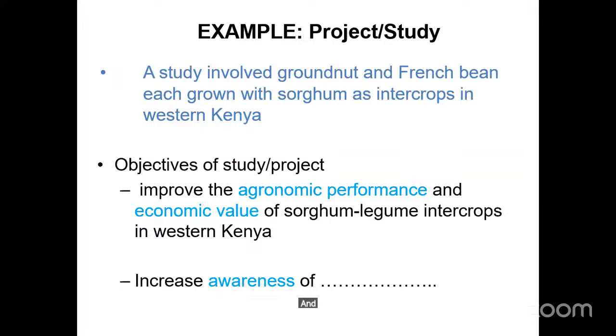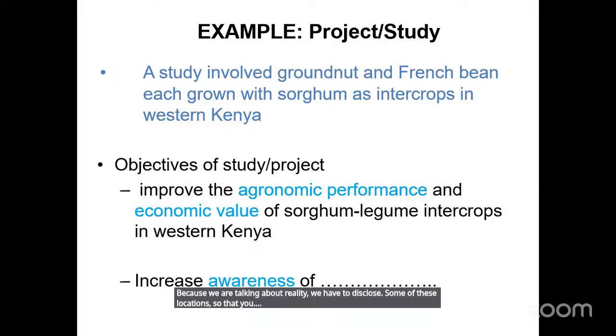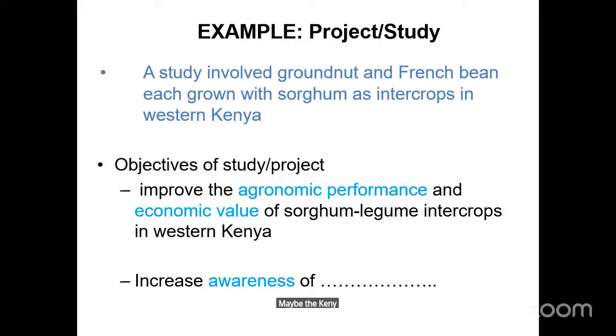And these were the legumes, each intercropped with the sorghum. Intercropped with the sorghum. And this was in Kenya. Because we are talking about reality, we have to disclose some of these locations so that maybe the Kenyans feel good about it. Okay?